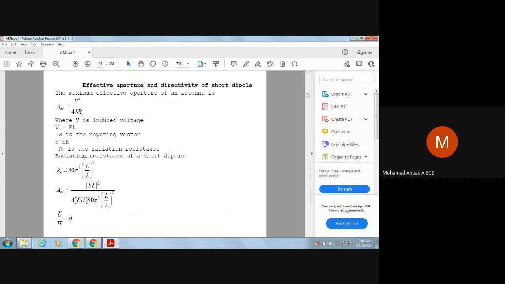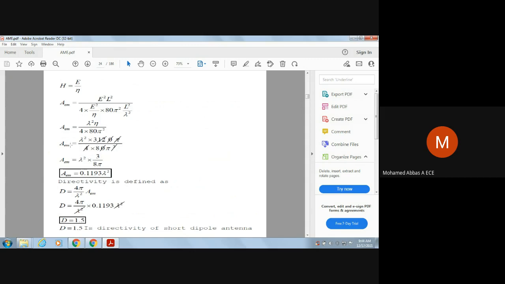After all values are substituted, we finally get the maximum effective aperture for the Hertzian dipole as 0.1193 lambda square.